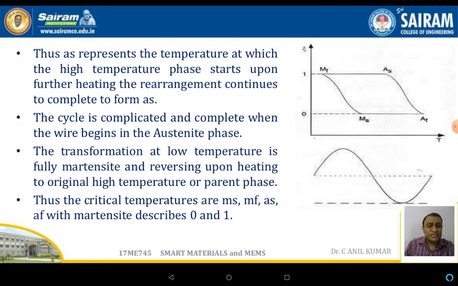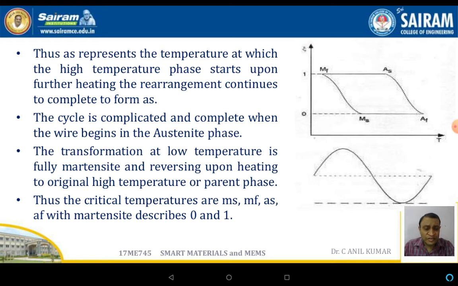Once the martensite start and the austenite finish are reached, at that particular point the xi value is 0, and once it reaches the martensite finish and the austenite start, at that particular point the xi value will be 1, which varies from 0 to 1.